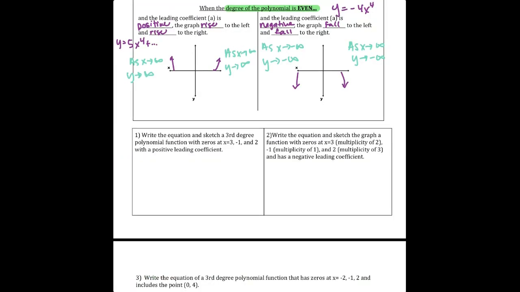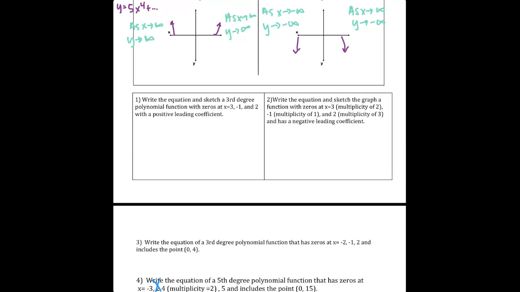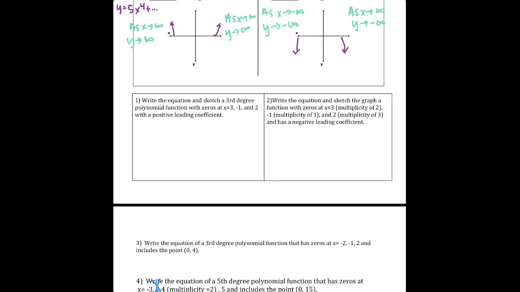All right, next. Write the equation and sketch the third degree polynomial with zeros at x equals 3, -1, and 2, and a positive leading coefficient. So if I have zeros, I'm writing this thing in factored form.